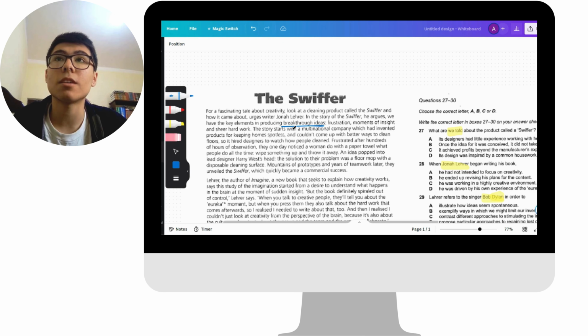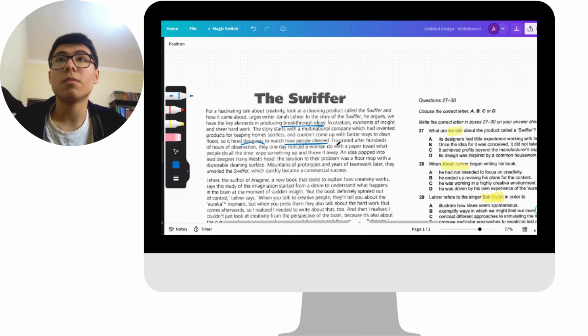The story starts with a multinational company which had invented products for keeping homes spotless and couldn't come up with better ways to clean floors, so it hired designers to watch how people clean.